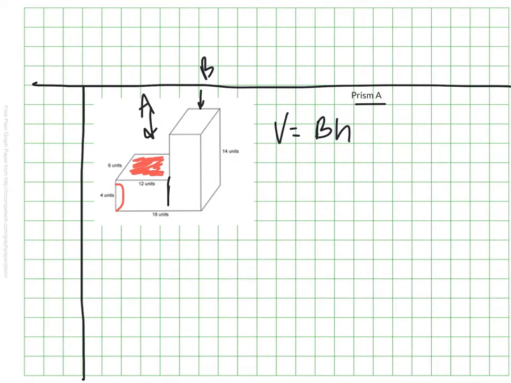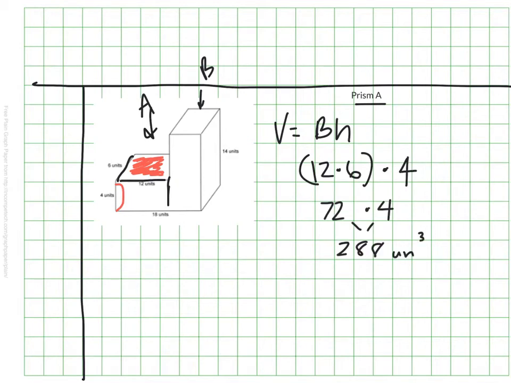And I can tell right away that the base here has a length of 12 and a height of 6, right? If I'm just looking at that part. So I'm going to do that part first. And then I would need to multiply that by the height to figure out my total. But I'm going to just mark my height here as 4. Which means that for my prism A, the volume of just that section is 288 cubic units, right?